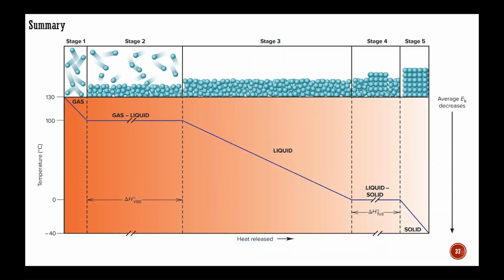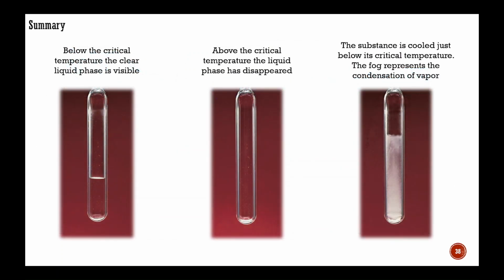You learned that the boiling point of a substance is the temperature at which its vapor pressure equals the external pressure, and the normal boiling point is the temperature at which its vapor pressure equals 1 atmosphere. We also discussed the definition of critical temperature, which is the temperature above which a gas cannot be liquefied by applying pressure. A related concept is critical pressure, which is the pressure necessary to liquefy a gas at its critical temperature.